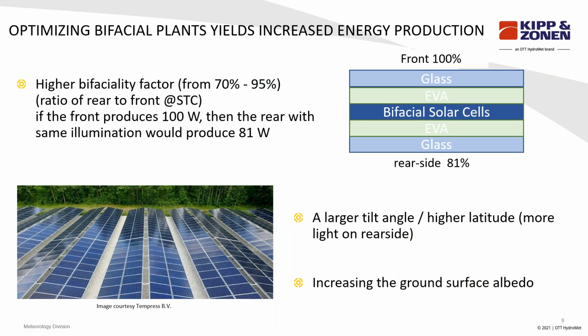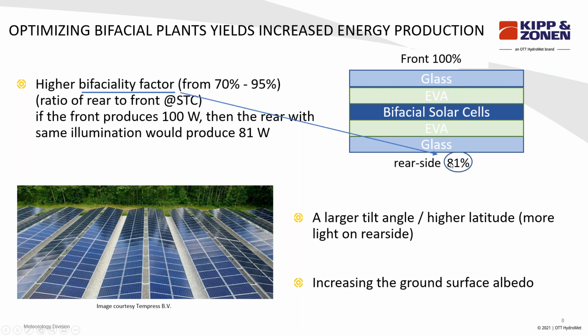Now, some of the ways that bifacial gain can be optimized are by a number of points, and we'll go through some of them here. One is the bifaciality factor, and this is a material parameter. So this depends on the modules that you use, and this bifaciality factor is typically defined as what the rear of the module would produce if it's irradiated at the same irradiance as the front of the module.